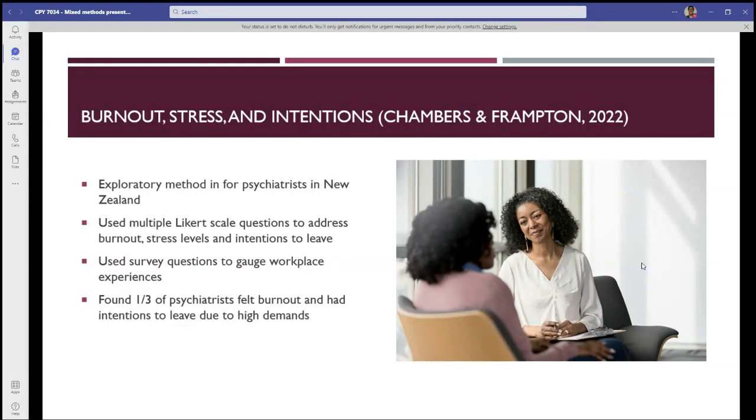What they found was that 1 in 3 psychiatrists felt these negative emotions, such as burnout, and had intentions to leave. A lot of the reasons were due to the high demands of the company and a potential lack of support from managers and from other people above them within their work environment.